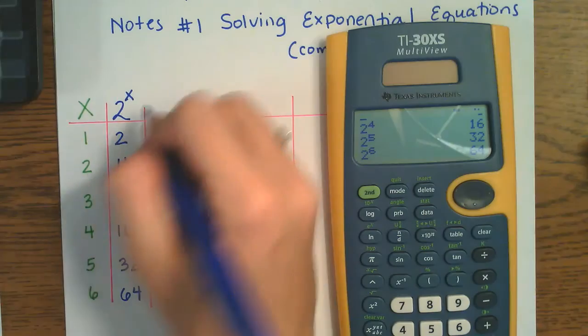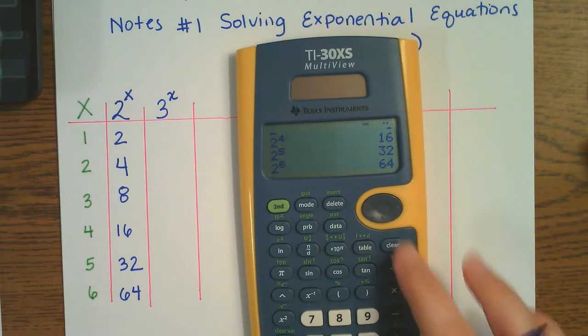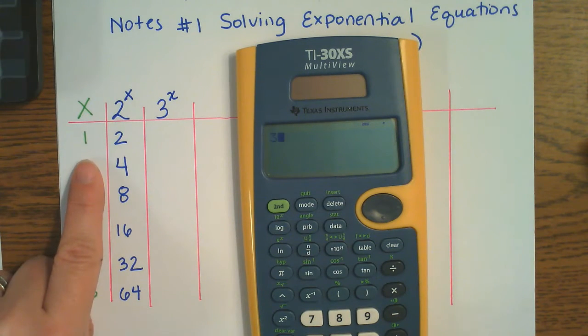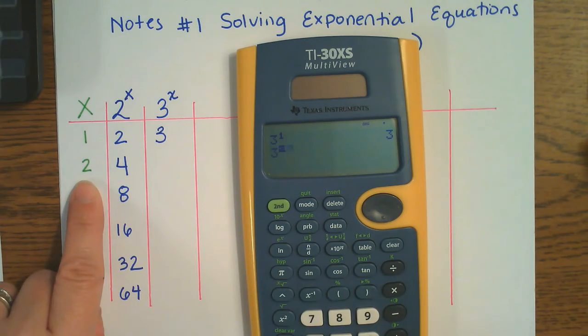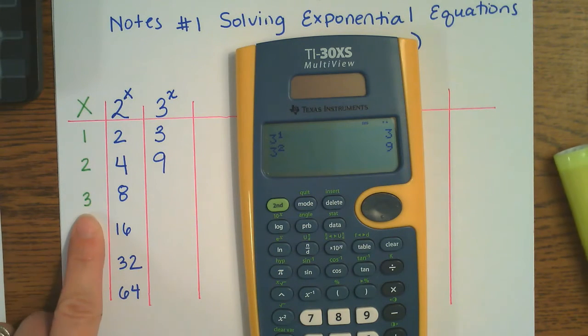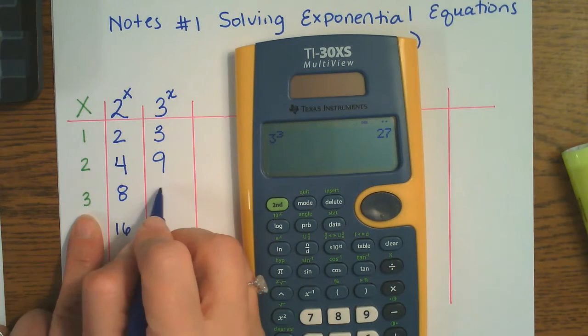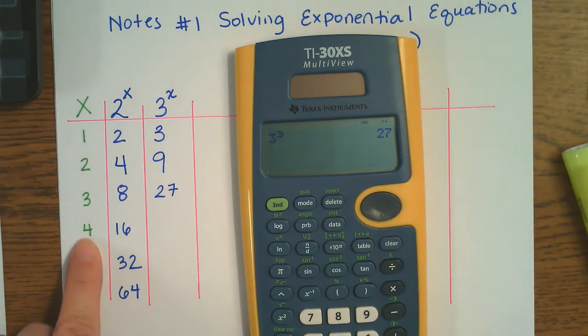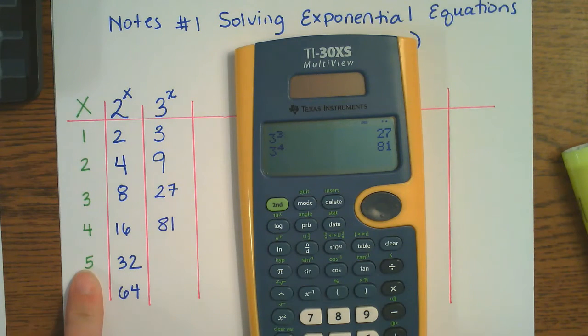All right, so in the next column, we're going to do 3 to the x. So I'm going to do that same process. 3 to the first, 3 to the second, 3 to the third, oops, 3 to the fourth, 3 to the fifth, and 3 to the sixth.